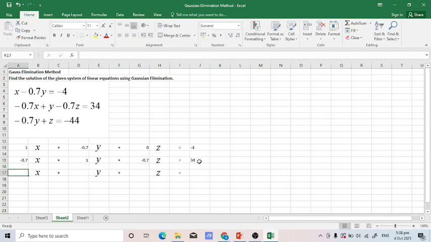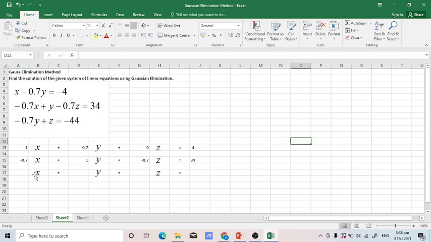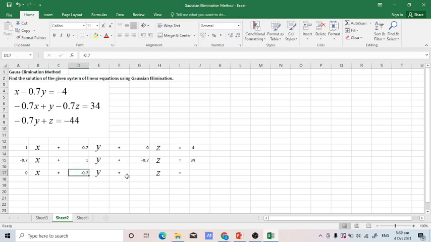Then, third equation, we have 0x, then negative 0.7y. So, yung may laptop, pwede nyo sabayan ako. Negative 0.7y plus 1z equals negative 44.